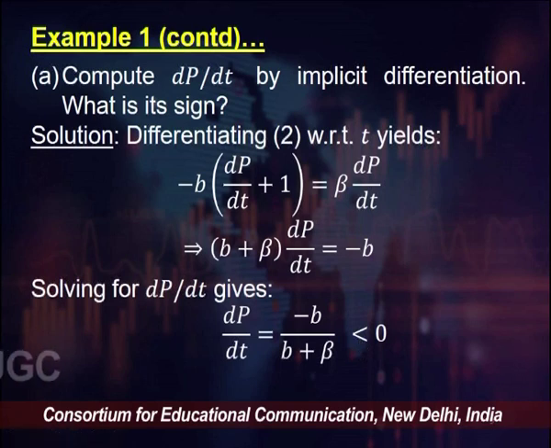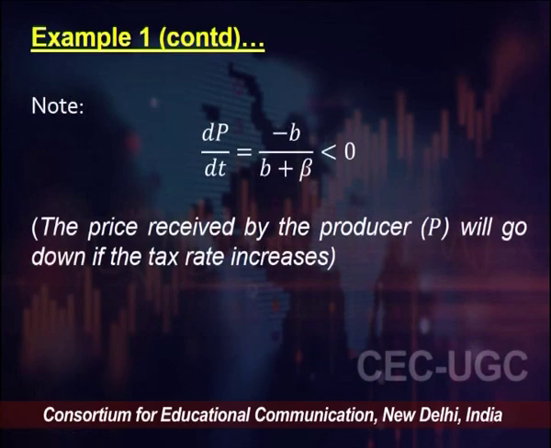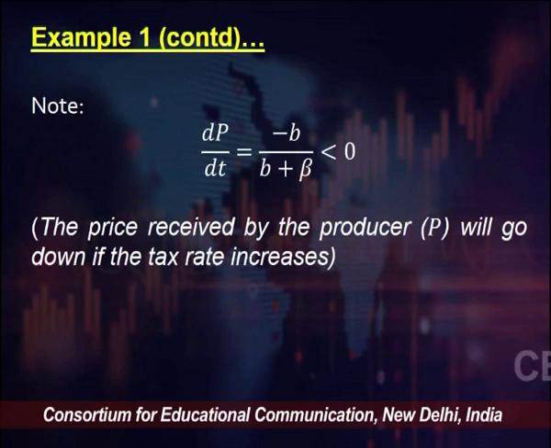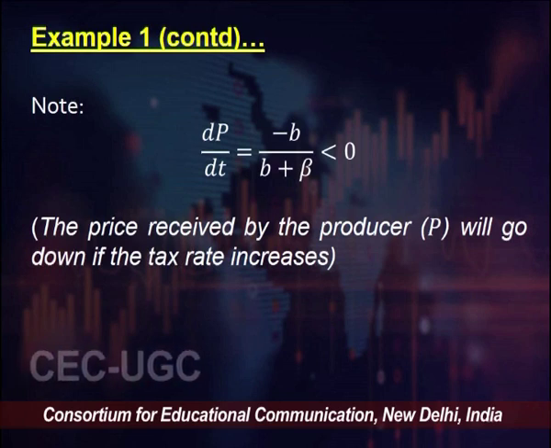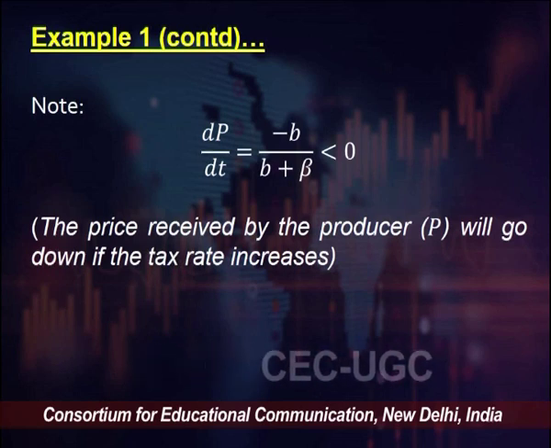Now, if you remember, when I set up these equations for you in the beginning of this example, we said that b and beta are positive. So, if b and beta are positive, then clearly this shows that dP by dt is going to be negative, right? Which is to say that the price, because P is the price at which the transaction is taking place, and this is the price which is going to be received by the producer, will go down.